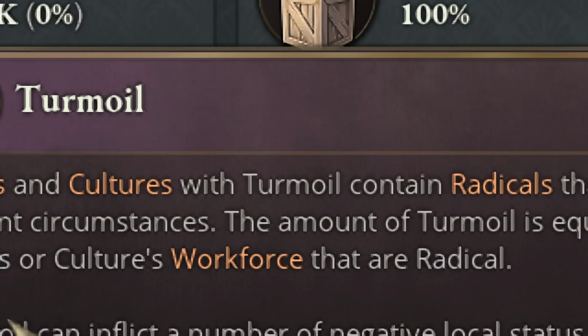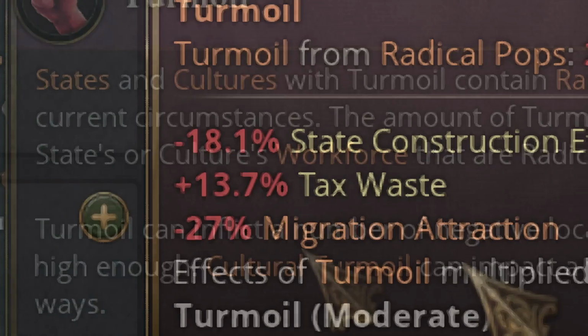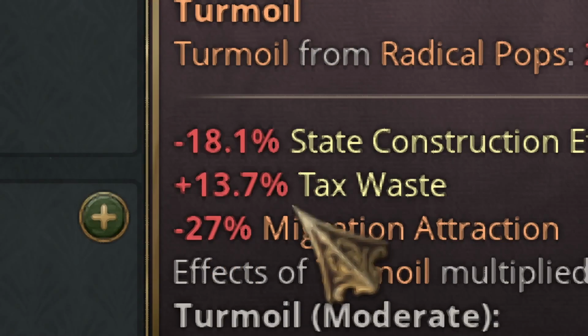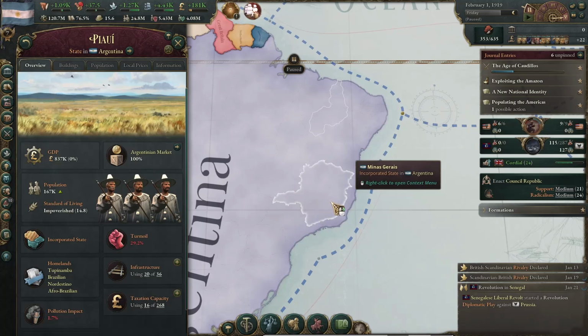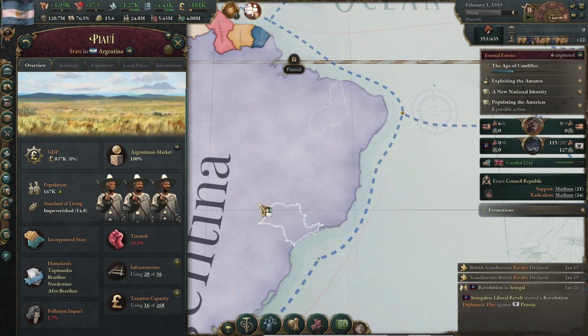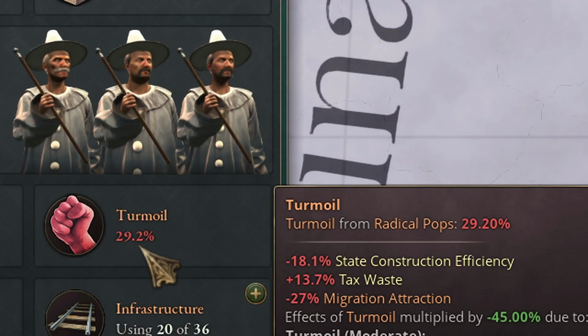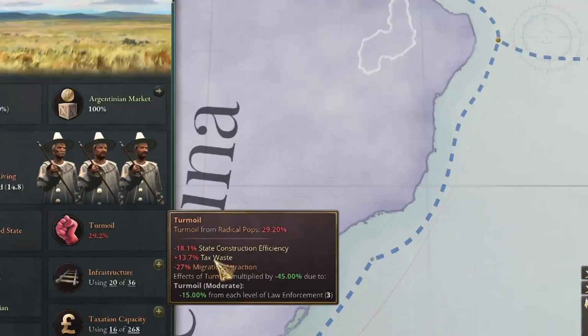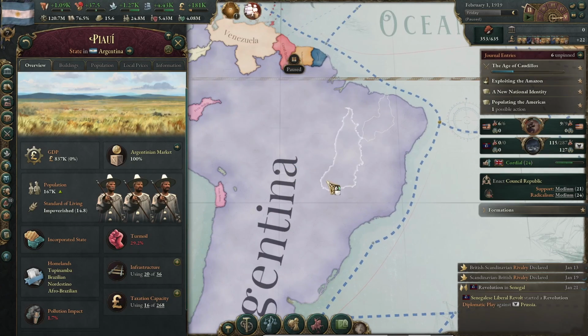You're going to be seeing a modifier that is local waste. Here it is, 13% tax waste. So always lowering taxes means more taxes because you're going to be decreasing this penalty, the turmoil, and therefore you're going to be making more money, and this is going to be seen in the short term.